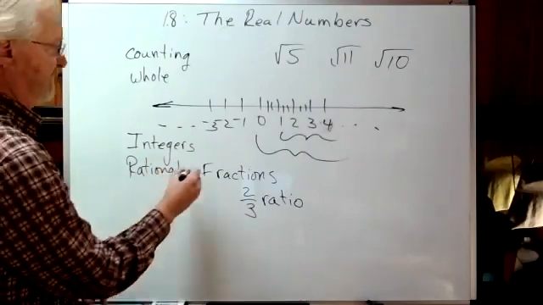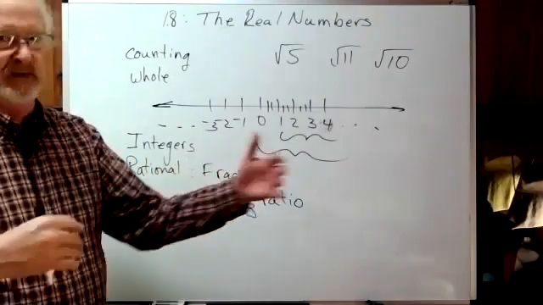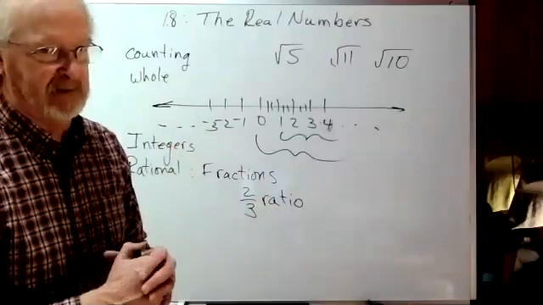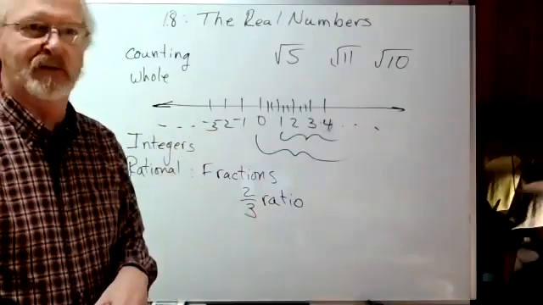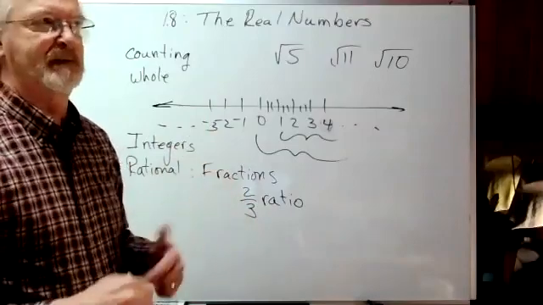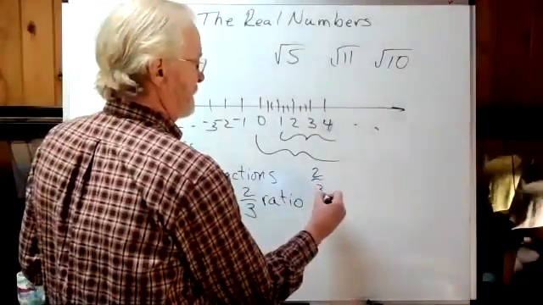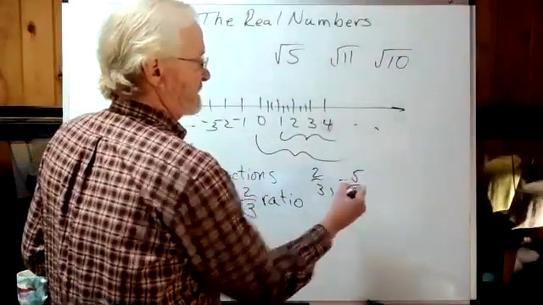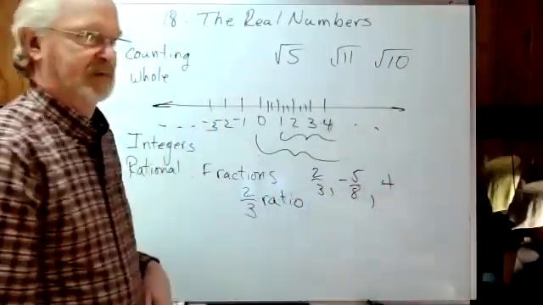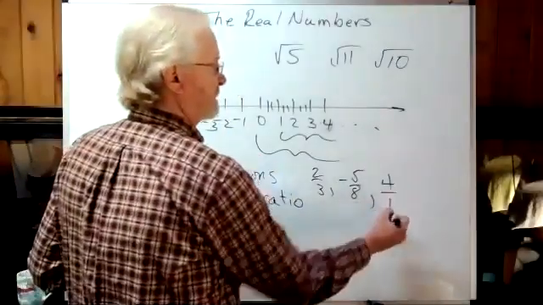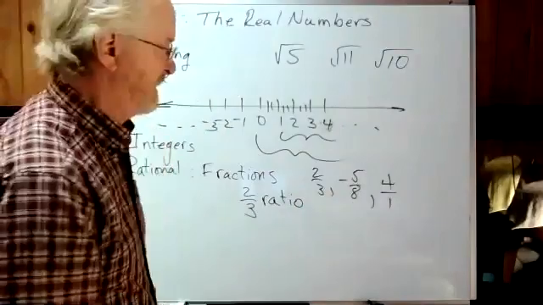Anything you can write and make look like a fraction, built out of integers, is a rational number. Obviously 2/3, negative 5/8, and 4, which we've been turning into fractions. So watch out, those whole numbers and integers can be fractions.